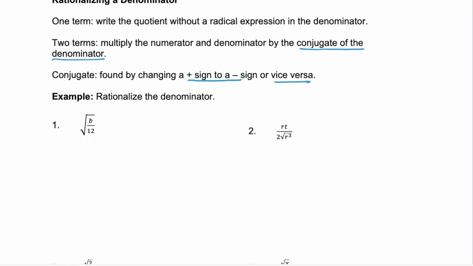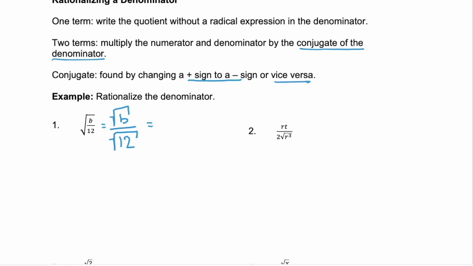So example 1, we have the square root of b over 12. While using our square root properties, we know that we can separate this into a square root in the numerator, square root of b, over a square root in the denominator, the square root of 12. Next is to simplify.